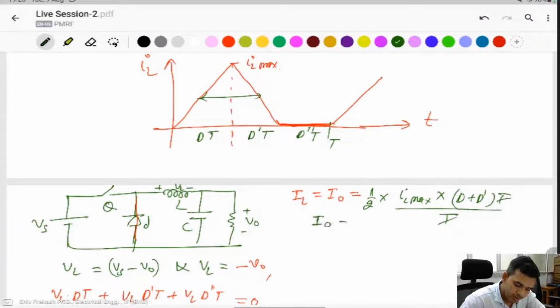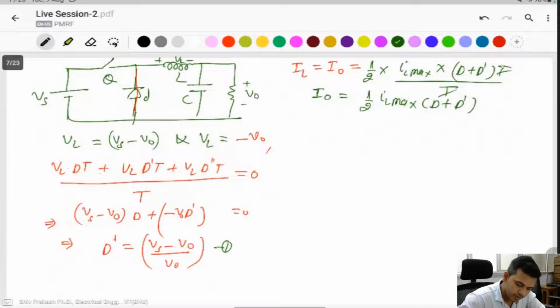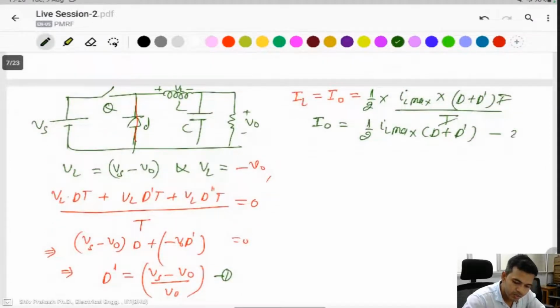Then you find I naught is equal to half IL max into (d plus d dash). This one is equation number first, this one equation number second.